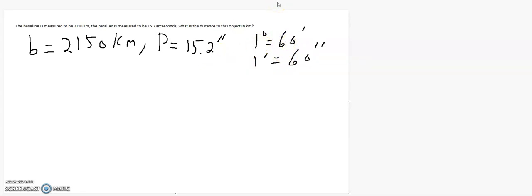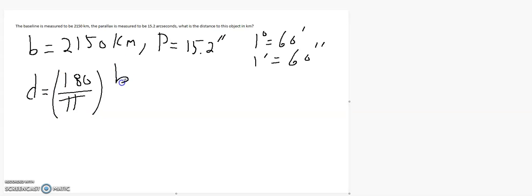Because in the equation, all right, so here's the equation. The distance is equal to 180, and of course that's 180 degrees, divided by pi, just the number pi, and then times the baseline divided by the parallax.